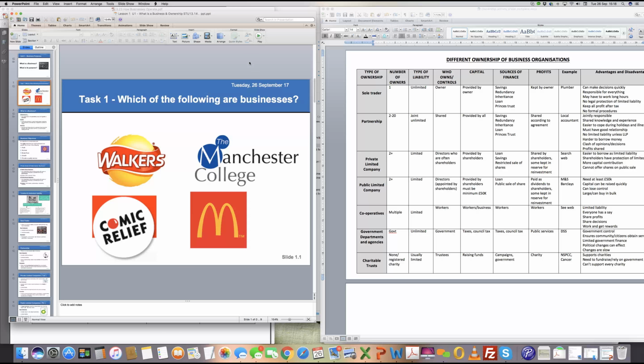You could look at a large company like McDonald's. They are in the fast food sector or the services sector, and they employ a lot of people, but their main business is food. So they are a fast food kind of business. And Comic Relief is a charitable business. It's a registered charity. They do some events across the year, and obviously the Red Nose Day that we look at ends up generating a lot of money for charitable causes.